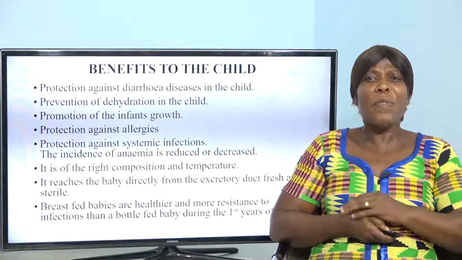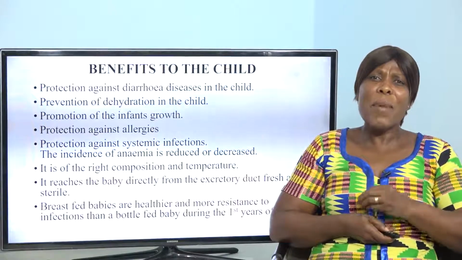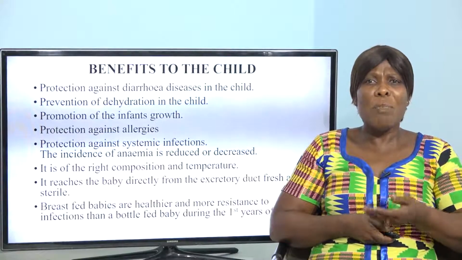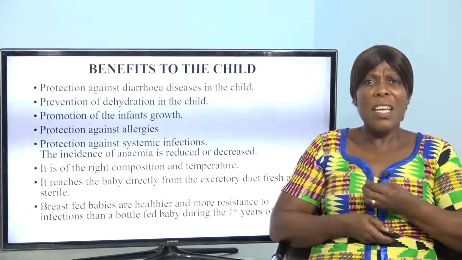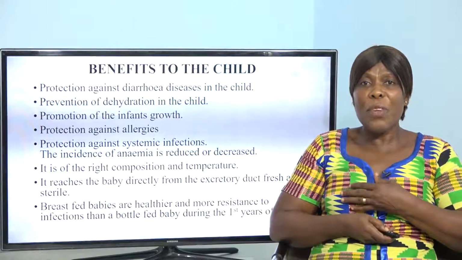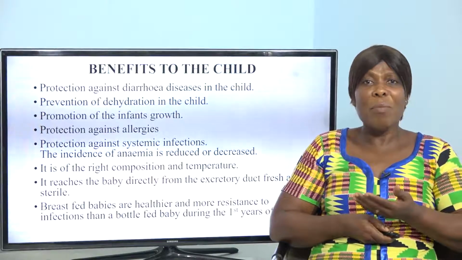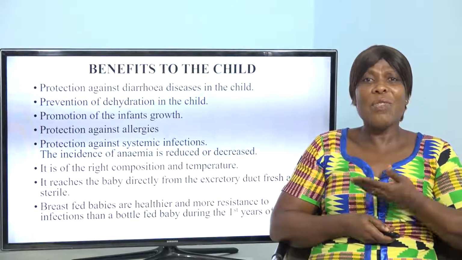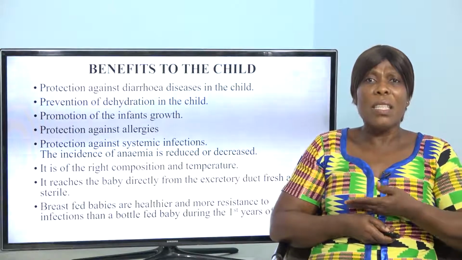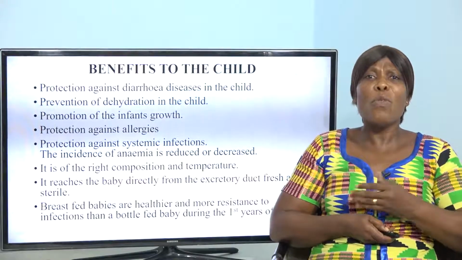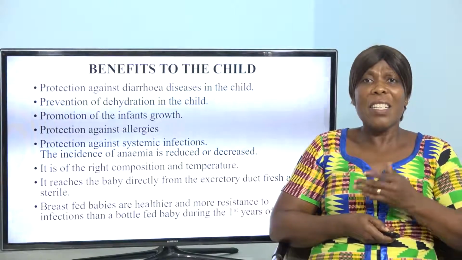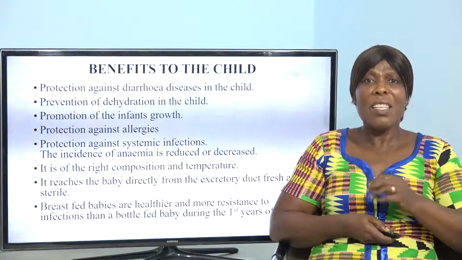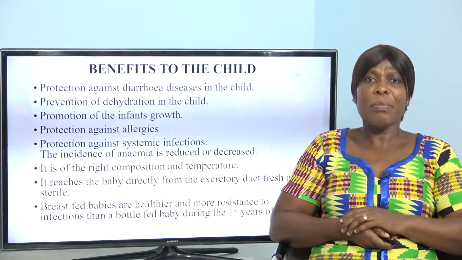We don't disinfect it well. They carry microorganisms, which bring about infection in the child. So with breastfeeding, for the first 6 months, it reaches the baby directly. And then there's no form of what? Contamination. And then it comes in fresh and then sterile.